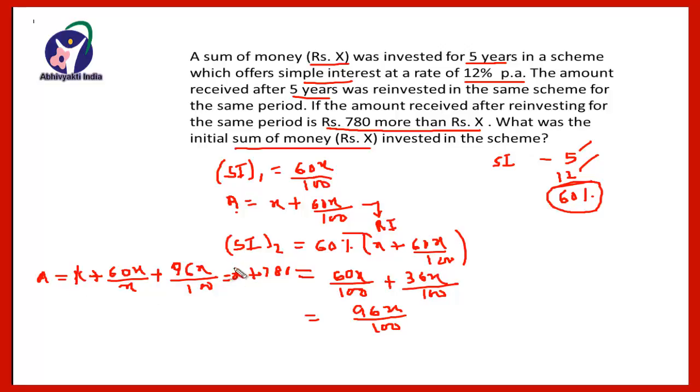So this X and this X will get cancelled. This should be 100, and 100 is a common denominator, so we can shift it to the other side.